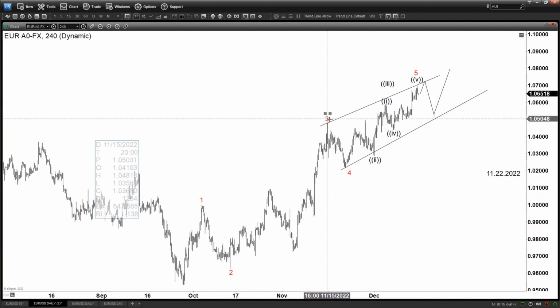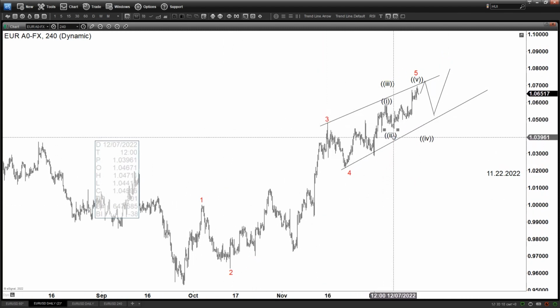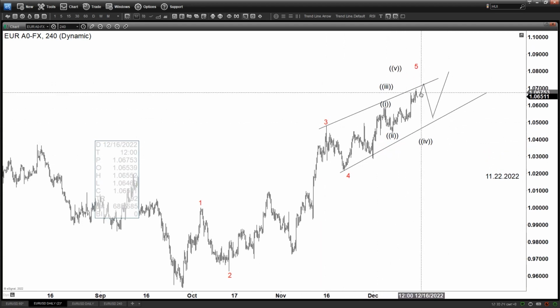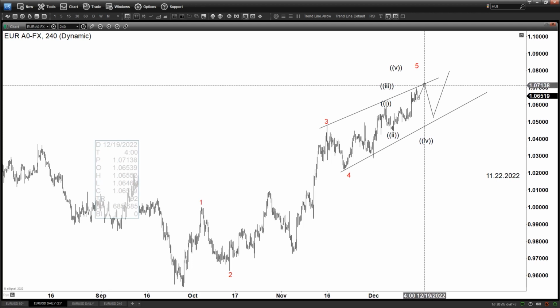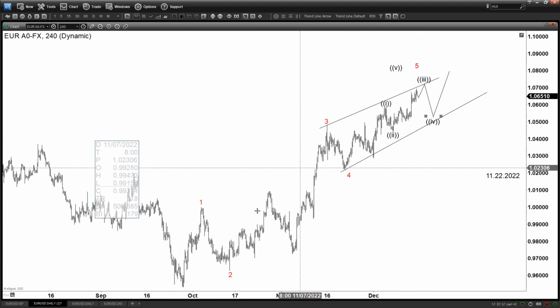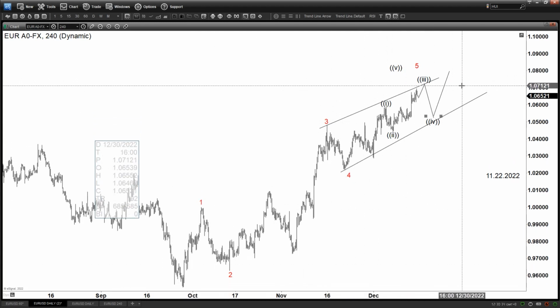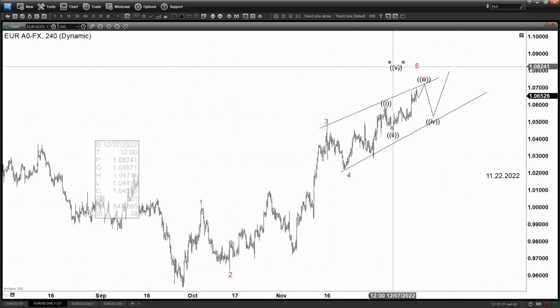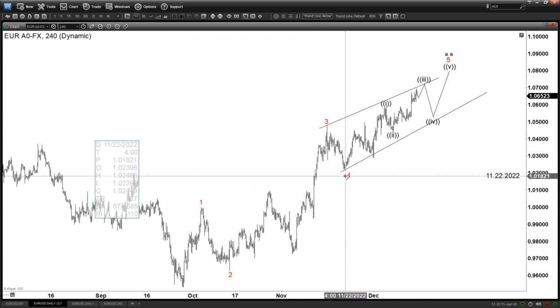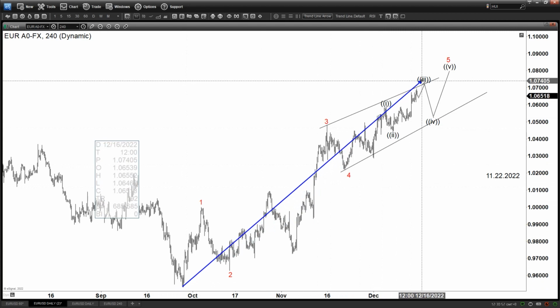For now, this is basically the assumption, the count, that we could be looking for a little bit more upside, but this cycle is mature, and this cycle from here could also be ending. And once that ends, we should be looking for a bigger 3 pullback, right? Minimum 3 pullback of this cycle, and then it could even finish this September cycle and correct this entire rally in a bigger 3 pullback.